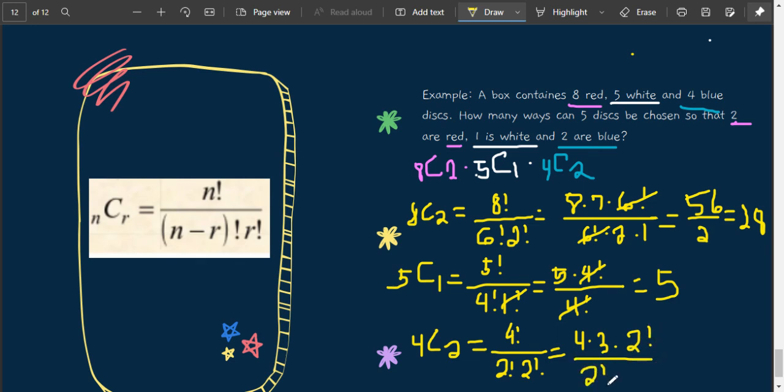Yung isang 2 factorial. So, yung isa ay i-expand natin by 2 times 1. So, cancel, cancel. What is 4 times 3? That is 12. Over 2 times 1 is 2. So, that will become 6. Okay, tama ba? Okay, tama naman.